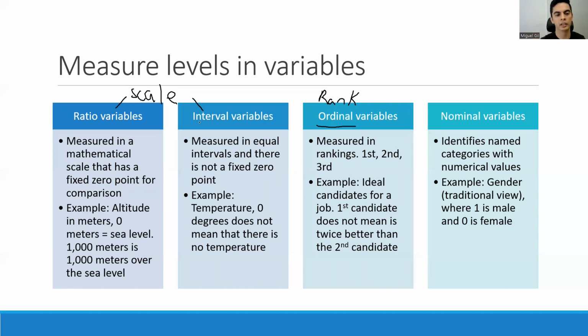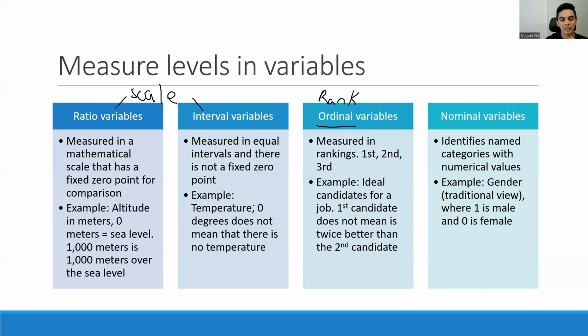And in interval, the difference with ratio is that in interval, you don't have the 0 point, right? So for example, temperature in Celsius is a good example because 0 degrees doesn't mean that there is absence of temperature, right? 0 degrees is just something like a scale, right? I have friends who used to tell me it's 0, so not cold, not hot. But that's a way to look at it.